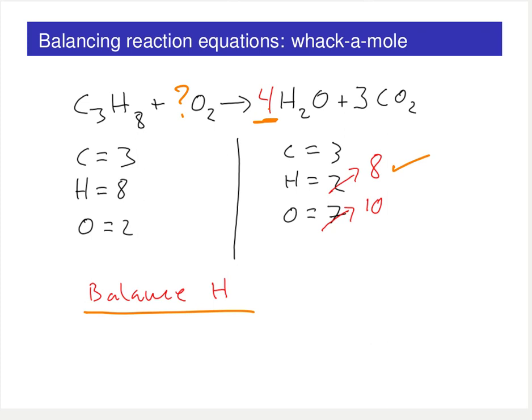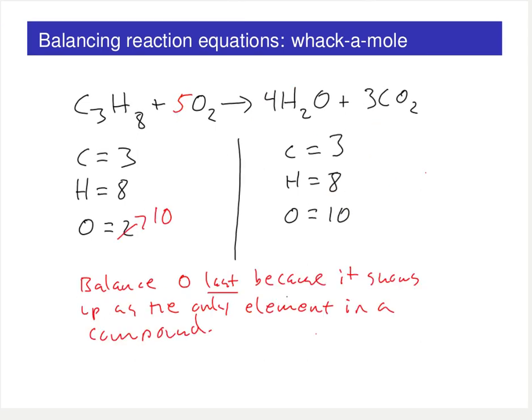And of course, once again, because we have changed that coefficient in front of the H2O molecule, we now have a total of 4 oxygens coming from the 4 waters and 6 oxygens coming from the 3 CO2s, giving us a total of 10 oxygens on that product side.